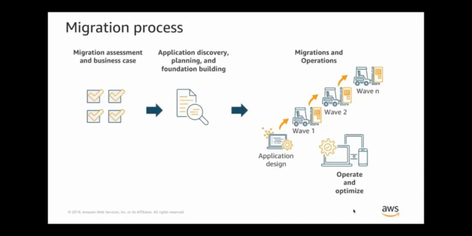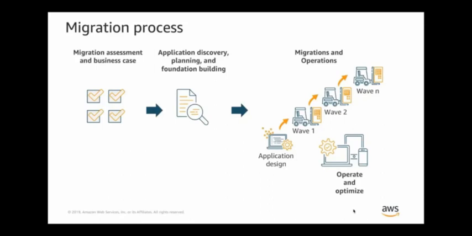From there, we start working with our customers to put the applications that have been discovered in the application discovery phase into migration groups. Then we start testing these applications in the migrations and operations phase. We come up with migration waves or wave groups, and we begin migrating these applications over to the cloud. And finally, we are in the operations and optimization phase, where we are in business as usual, where we truly start realizing the value of the cloud.